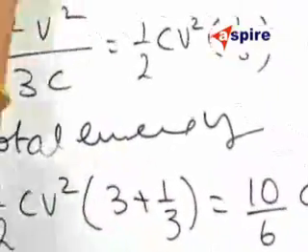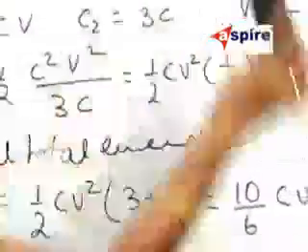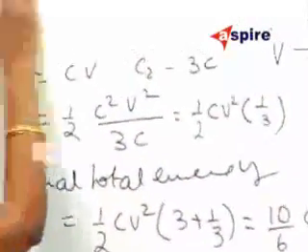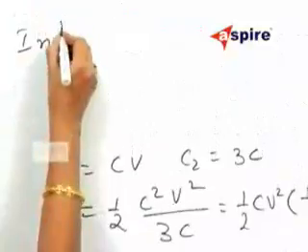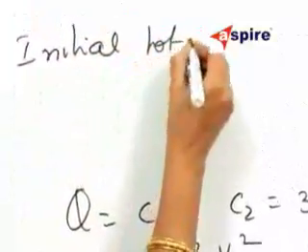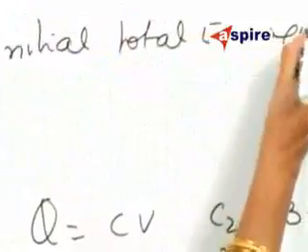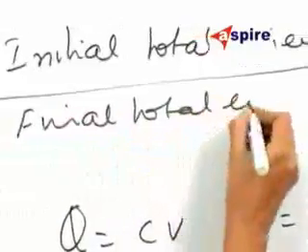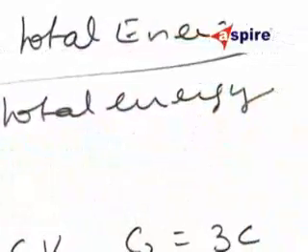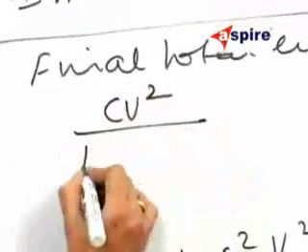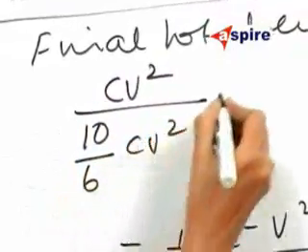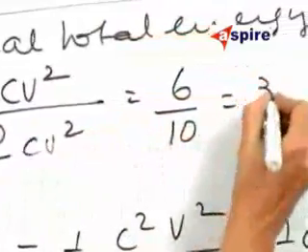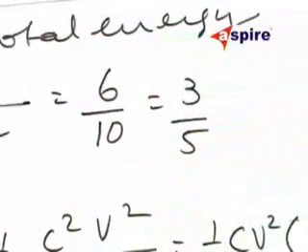We want the ratio of the initial total energy to the final total energy. The initial total energy we calculated as CV square, and the final is 10 by 6 CV square. So CV square divided by 10 by 6 CV square equals 6 by 10, or 3 by 5. Option number 3.